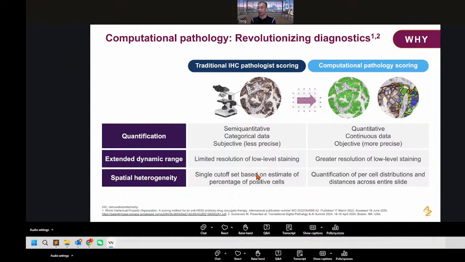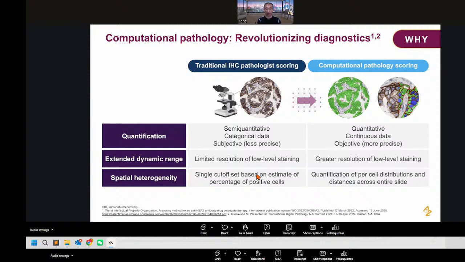You can use a cutoff as a standard, but the expression level is continuous, so you can give 10%, 20%, 25%, or 50%. That data is only semi-quantitated by the human or by pathologist manual scoring, but can be easily adapted by computational pathology to give a continuous score.